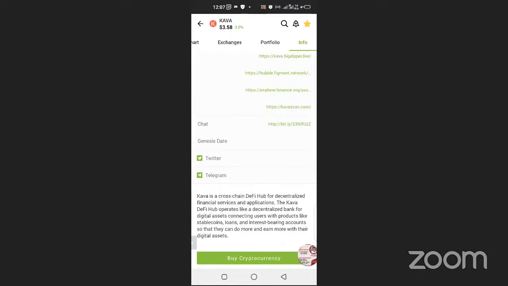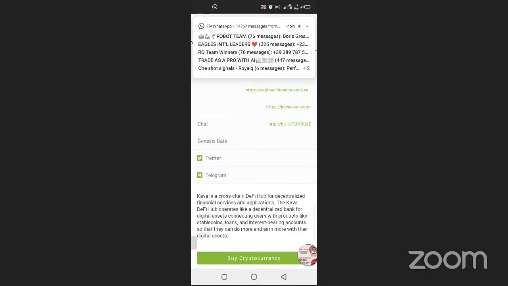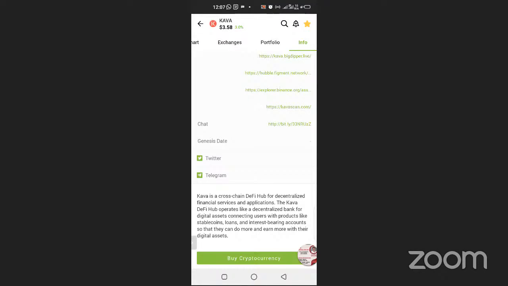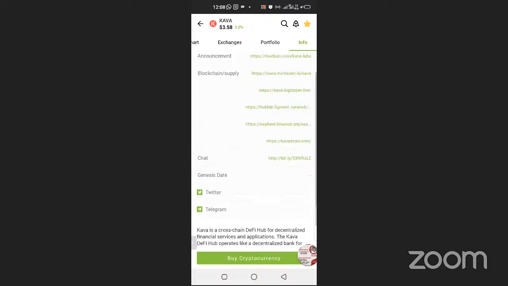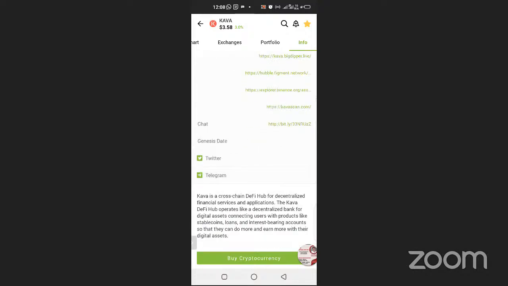So you see now, the reason why it is here, Canva is a cross-chain DeFi hub for decentralized financial services and applications. The Canva DeFi hub operates like a decentralized bank for digital assets, connecting users with products like stable coins, loans, interest-bearing accounts so that they can do more and earn more with their digital assets. So this is the reason why this coin was formed, right? Meaning it has a community of users, hence it has volume, you understand?